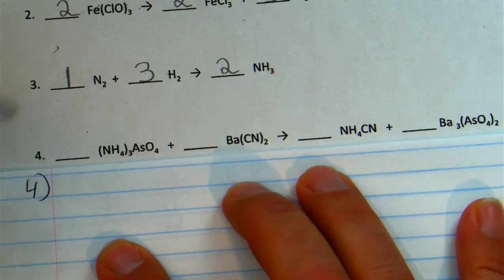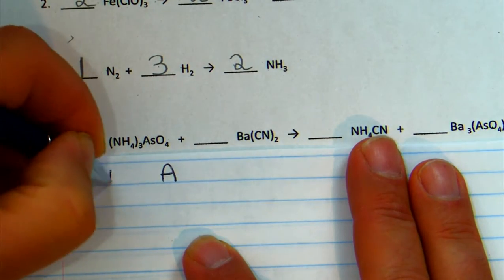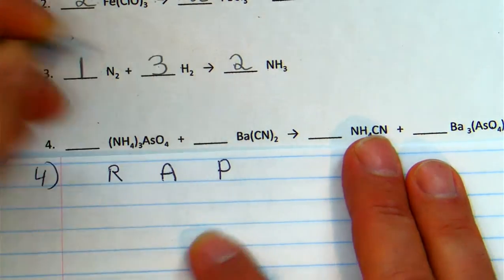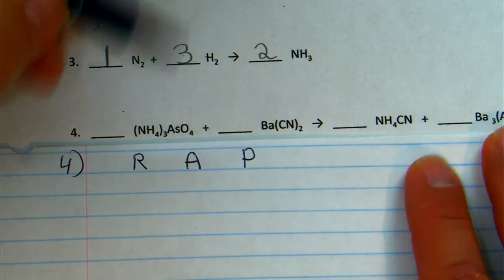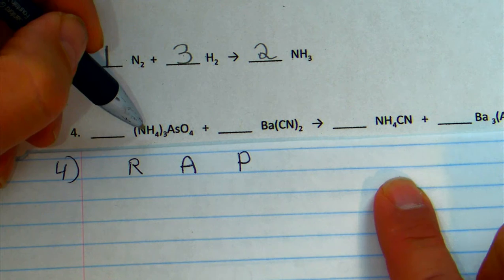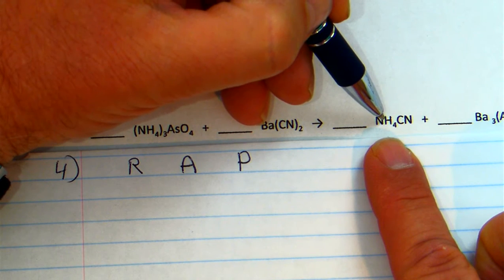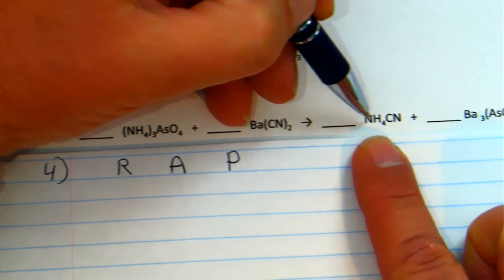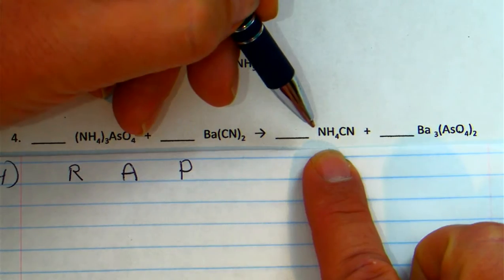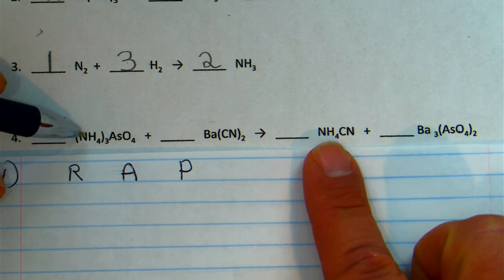Number 4. On this rap sheet, I see I have an ammonium polyatomic ion that does not break apart. It's still an ammonium polyatomic ion in the products. So there's no reason to break it into individual atoms of nitrogen and hydrogen.